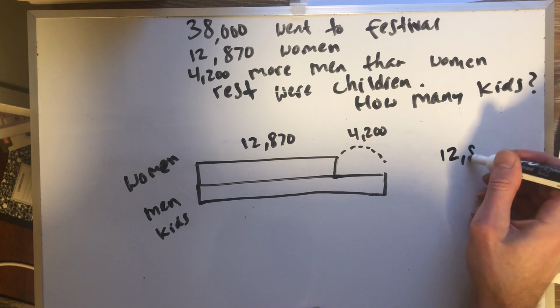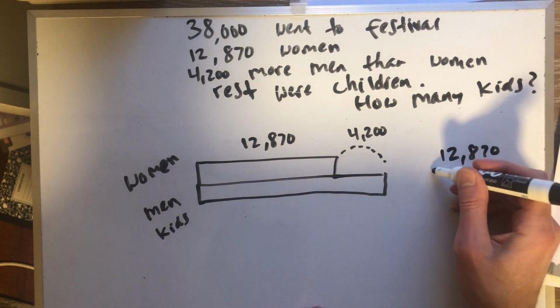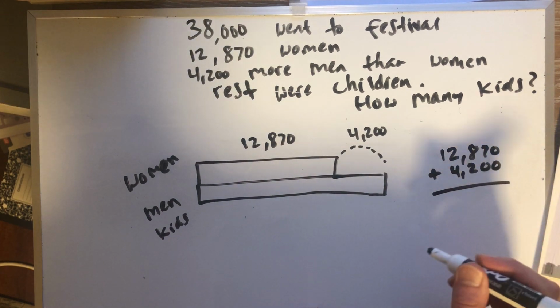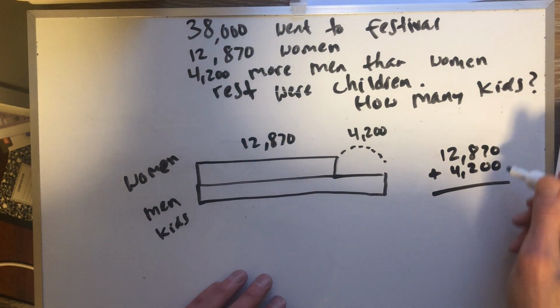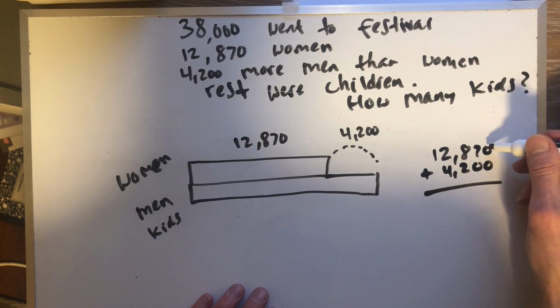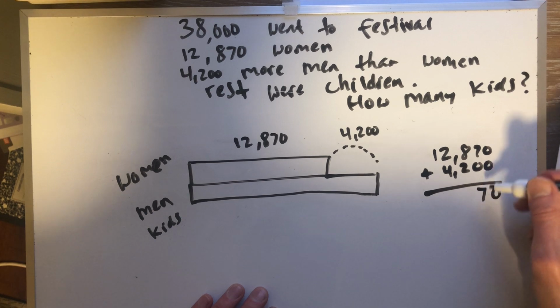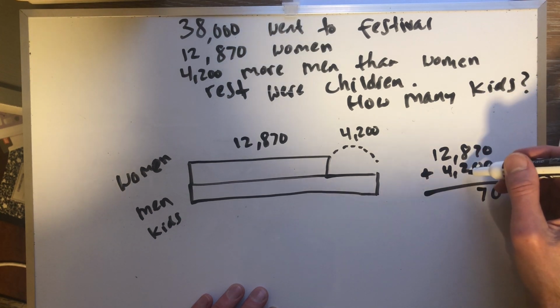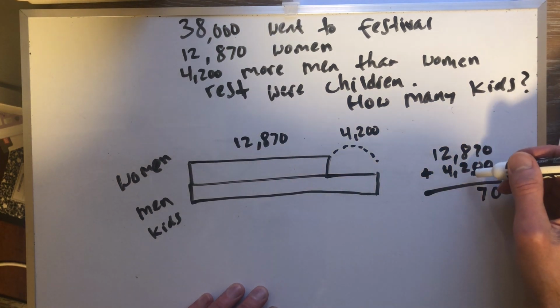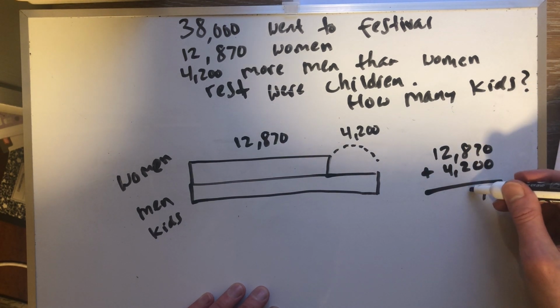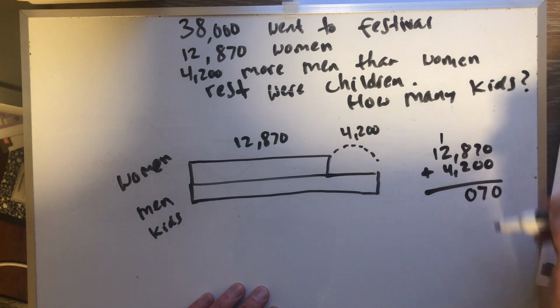So 12,870 is the women. And we know the men were 4,200 more than that. Addition, more than. So let's add them up. Well, the ones are no ones. Tens, we got 7 plus 0. Hundreds, 8 plus 2 is 10 hundreds, also known as 1,000. So when you have a number 10, you just put the second number there and the first number up here.